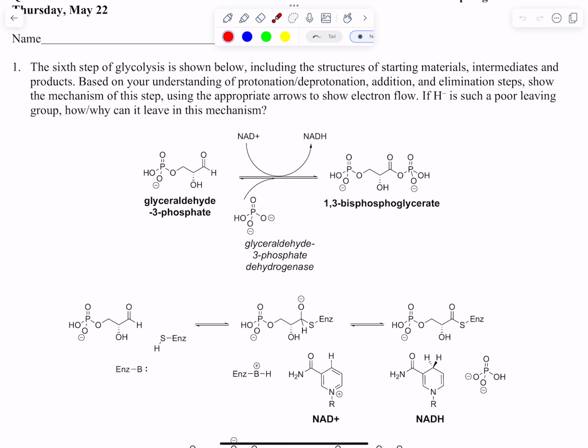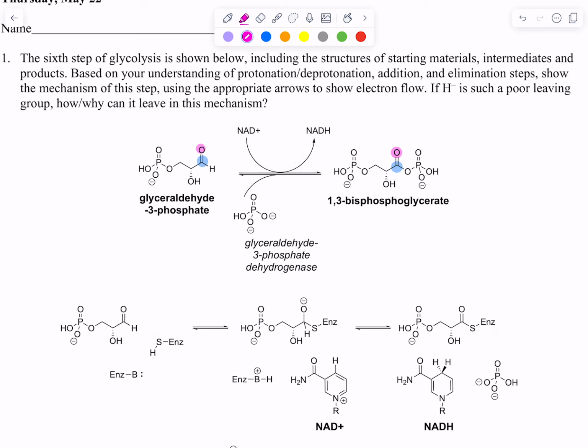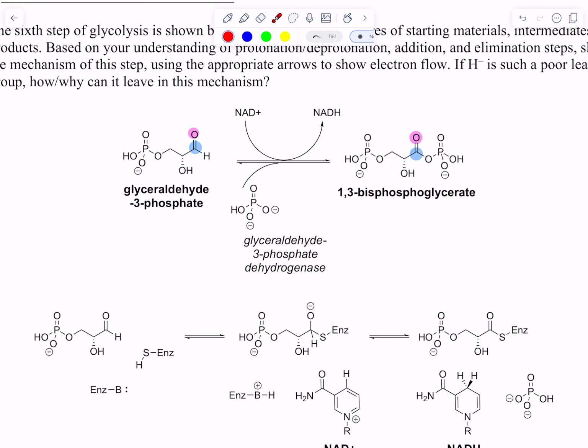Glyceraldehyde 3-phosphate goes to 1,3-bisphosphoglycerate. That's an oxidation of the aldehyde carbon up to a higher oxidation state. You can tell that because you've got more bonds to a heteroatom, as we explained.